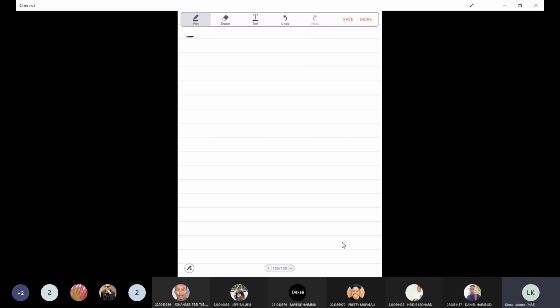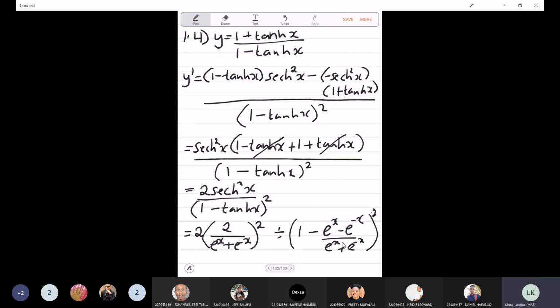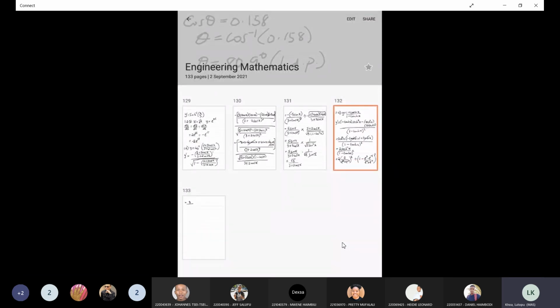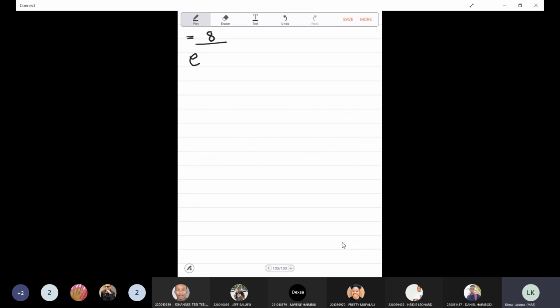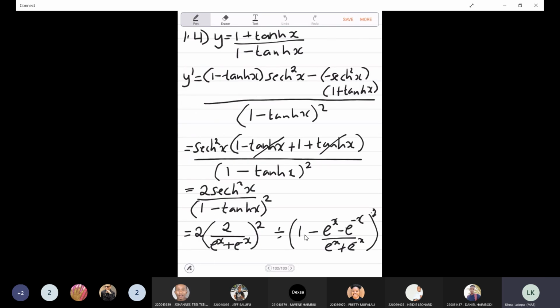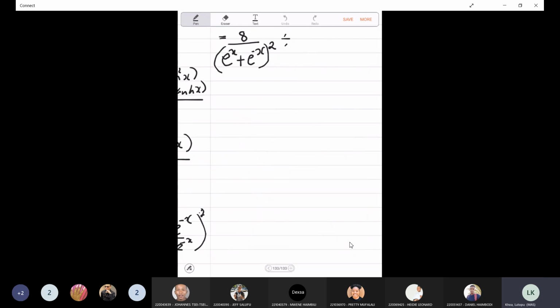What I have is 8 over e to the x plus e to the minus x squared, and then dividing by this. So I can write it as e to the x plus e to the minus x divided by that.